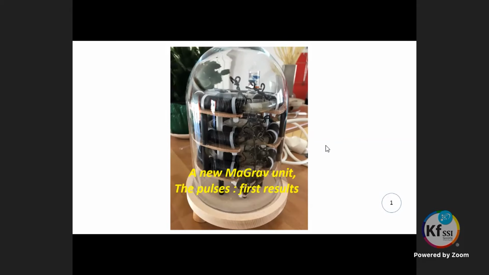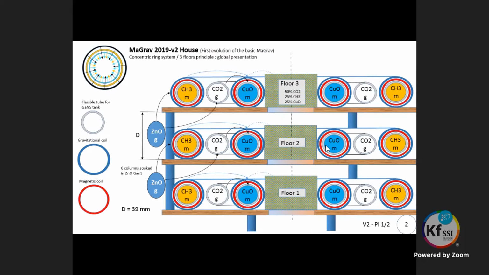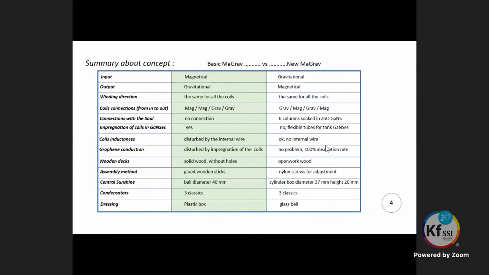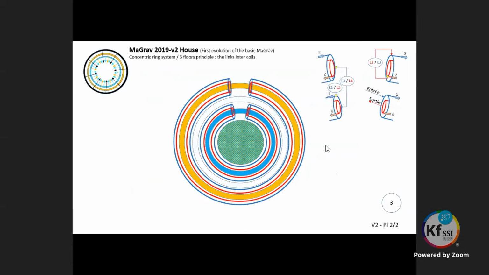You remember this first evolution of the basic Magrav I showed you 2 weeks ago. You should refresh us, I suppose. Yes, we remember that, with some special links with the coils.